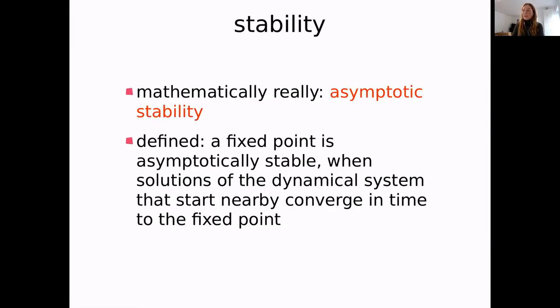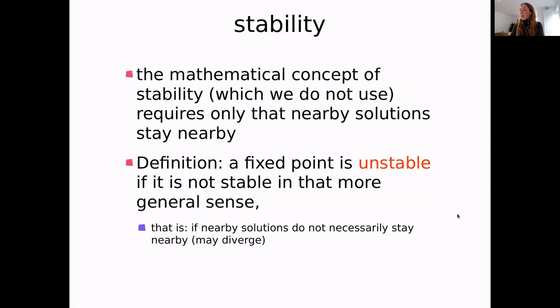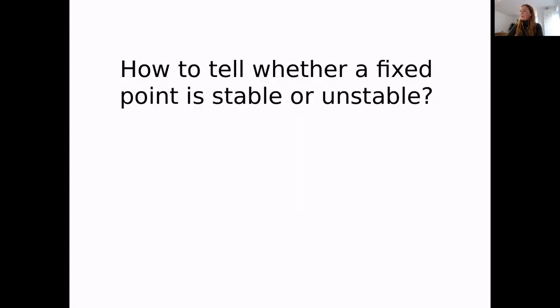And this is what I hinted at when I said that this does not necessarily converge to the fixed point. Okay, so this is the concept of stability. The mathematical definition, and we see how this looks in practical examples.